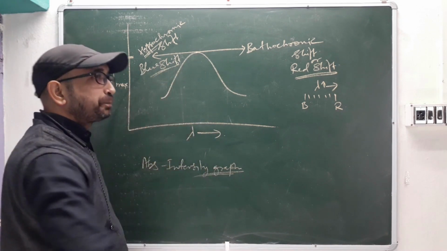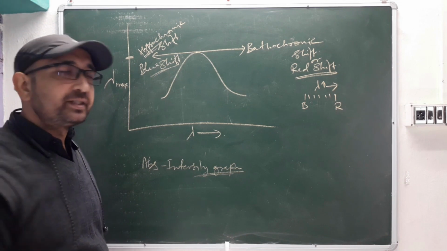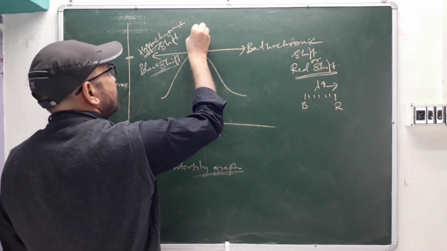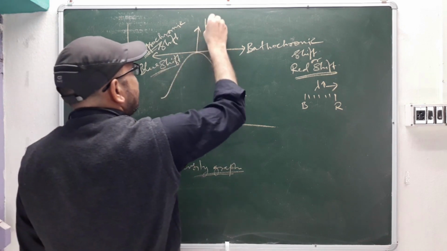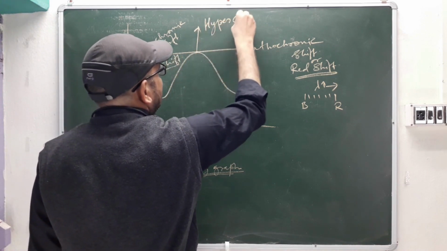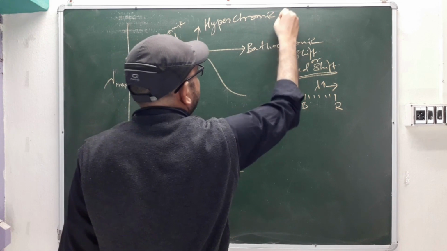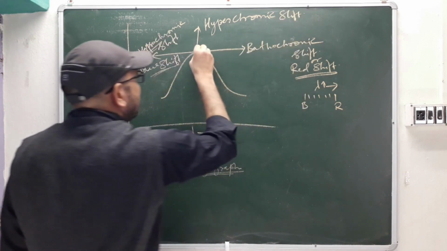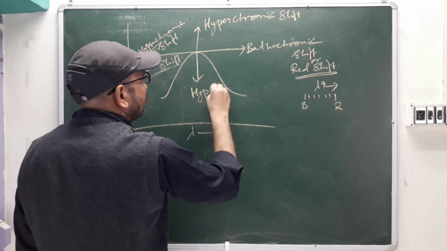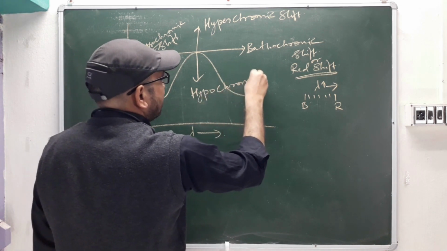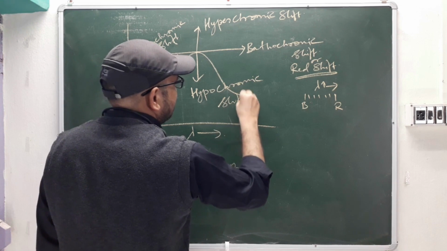But lambda max, the peak value, fully depends on intensity, right? If the intensity is increased, we call it a hyperchromic shift. If the intensity is decreased, we call it a hypochromic shift.